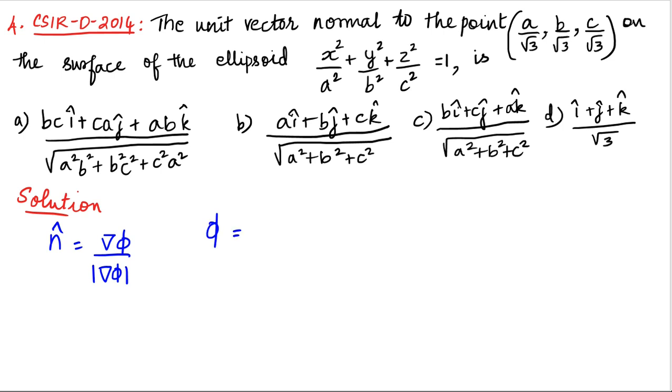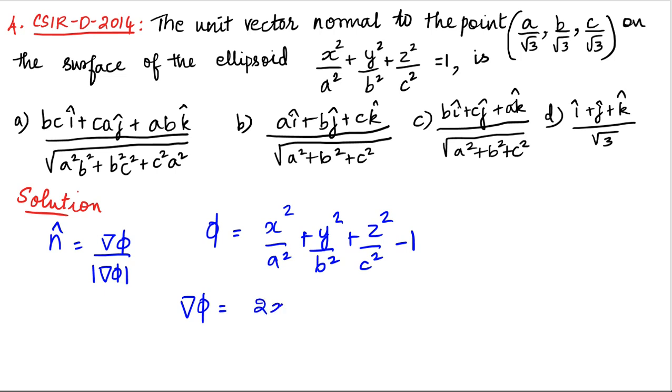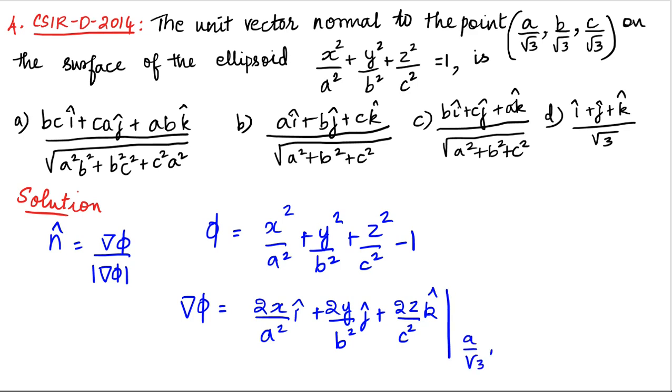So phi over here is the given surface, which is x square by a square plus y square by b square plus z square by c square minus 1. So we have to find del phi at the given points. So del phi over here will be 2x by a square i cap plus 2y by b square j cap plus 2z by c square k cap at the points given as a by root 3, b by root 3 and c by root 3.